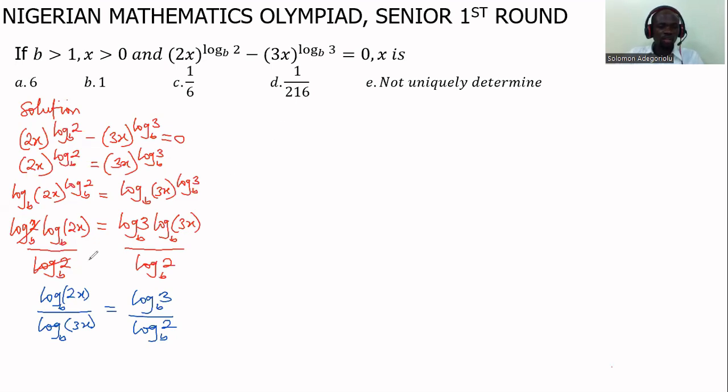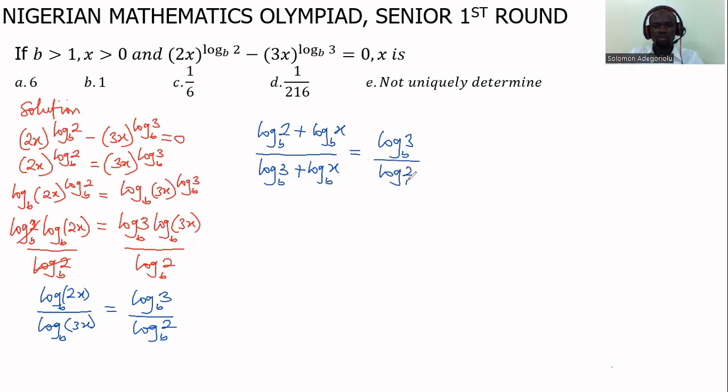So from here, log 2x base b is going to be log 2 base b plus log x base b. So we do the same thing to the denominator here. And here we have log 3 base b plus log x base b, which is equal to log 3 base b over log 2 base b.